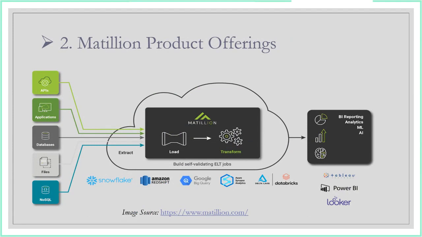In contrast, Matillion for Redshift can only be launched in the AWS environment, because AWS, GCP and Azure are cloud competitors, and GCP will not allow you to launch Matillion for Redshift.